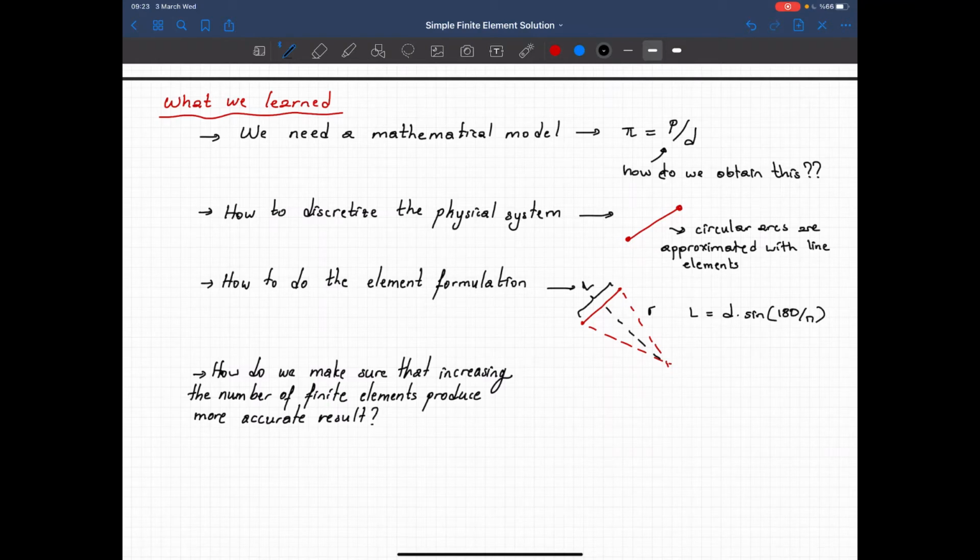That's a very important question actually when we go deeper in the finite element solution. How do we make sure that increasing the number of finite elements produces more accurate results?